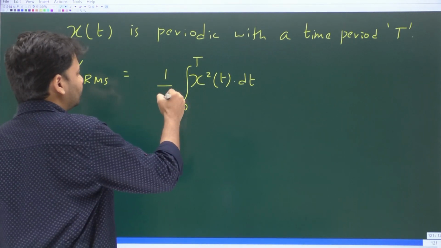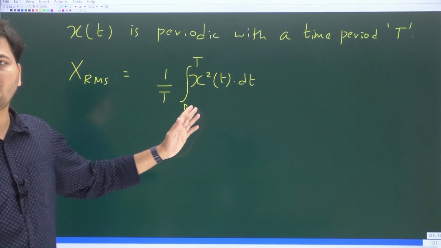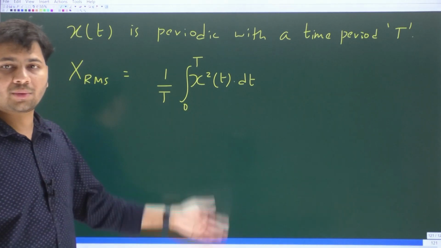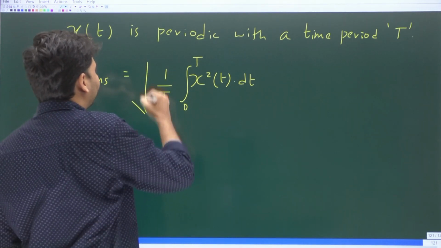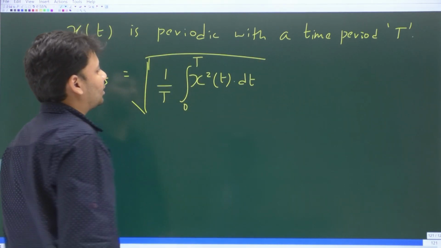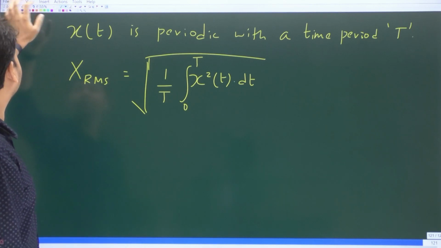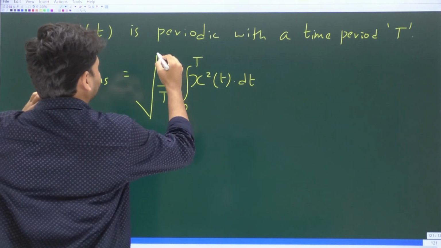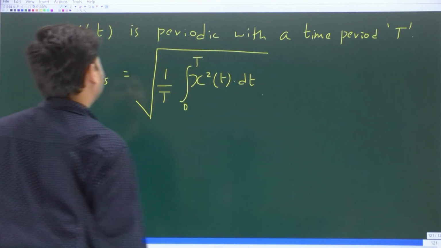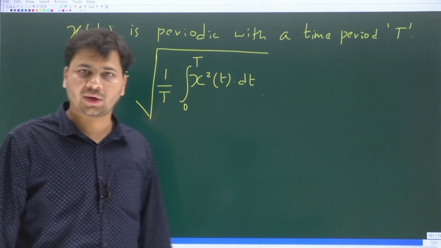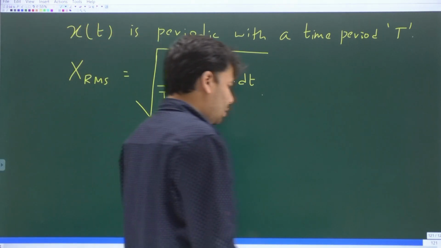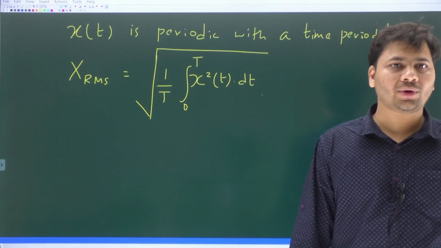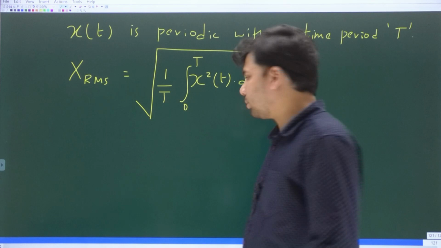So 1 by T times the integral of x squared of t dt from 0 to T gives you the mean square. RMS means the square root of this whole thing. So this is the root mean square value. And for a sine function, the RMS value is the amplitude or peak value divided by root 2.